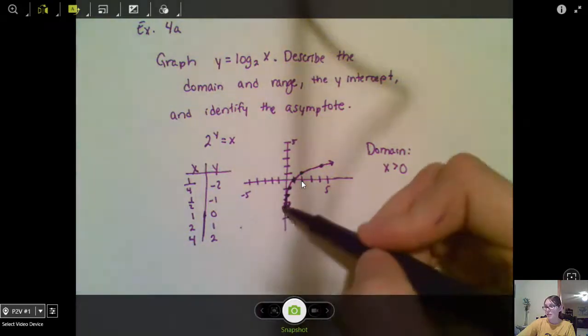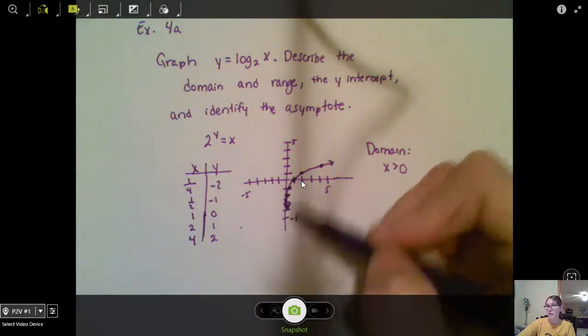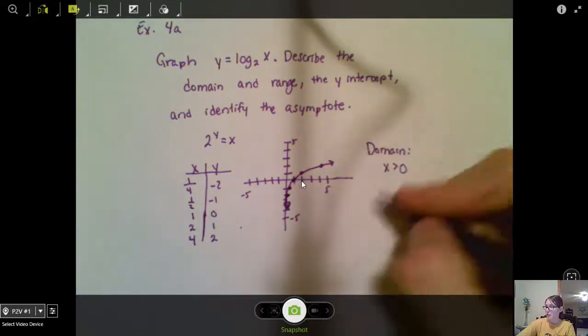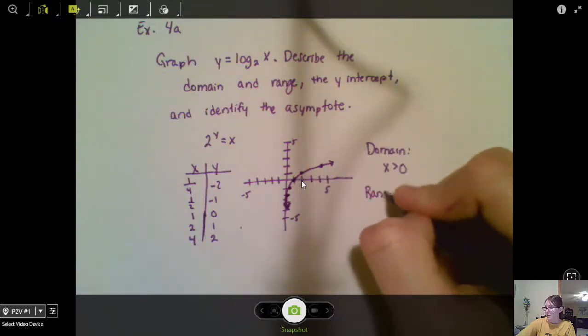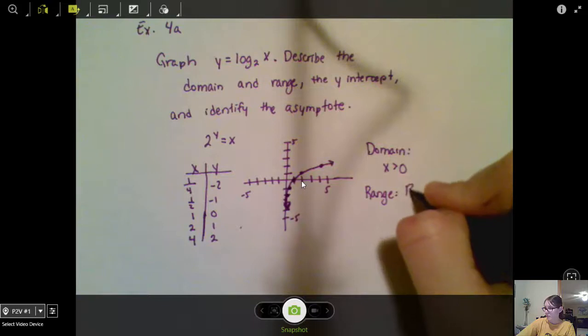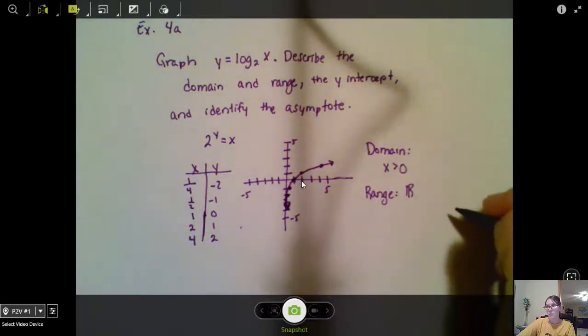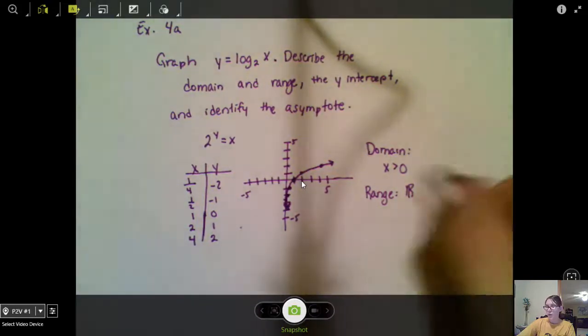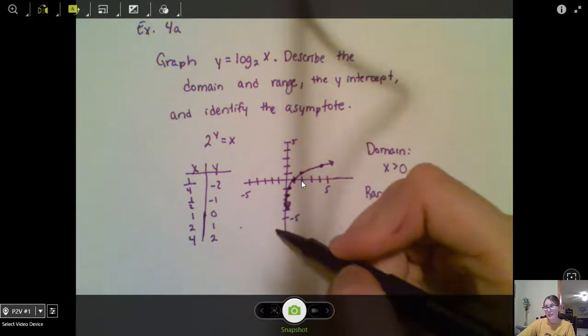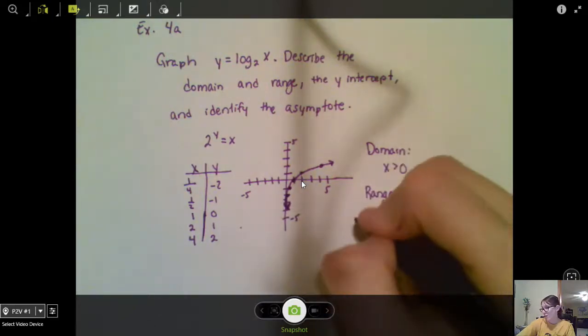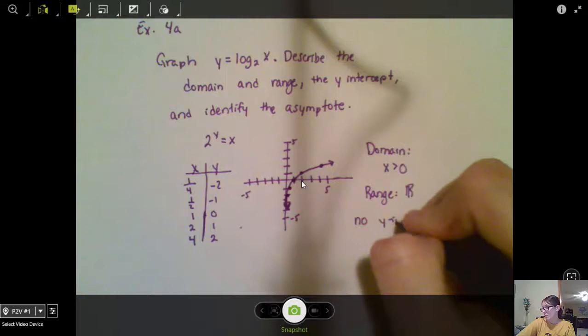As for our range, well, our graph is going to go down forever, and it'll go up forever. So our range is all real numbers. The y-intercept, are we ever going to hit the y-axis? No. So no y-intercept.